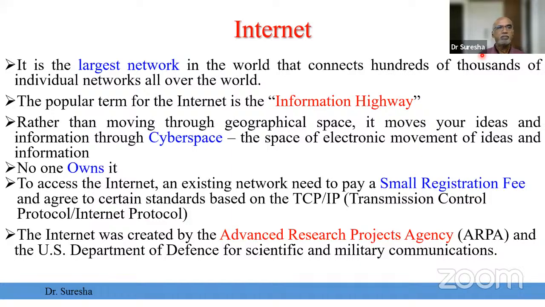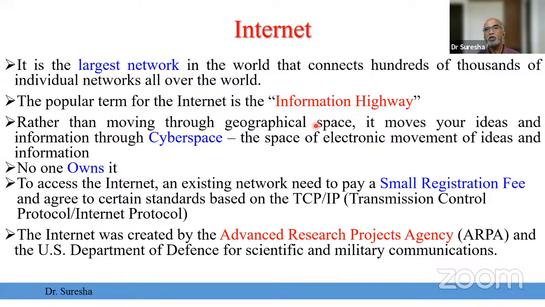So what is the internet? It is the largest network in the world that connects hundreds or thousands of individual networks all over. So it is the connection of one network to another network. How we are going to connect, what is the means of connection, that itself is the internet. The popular term of the internet is information.